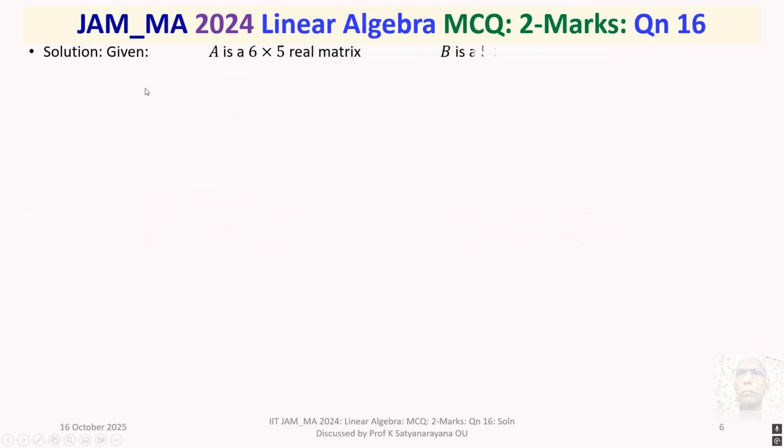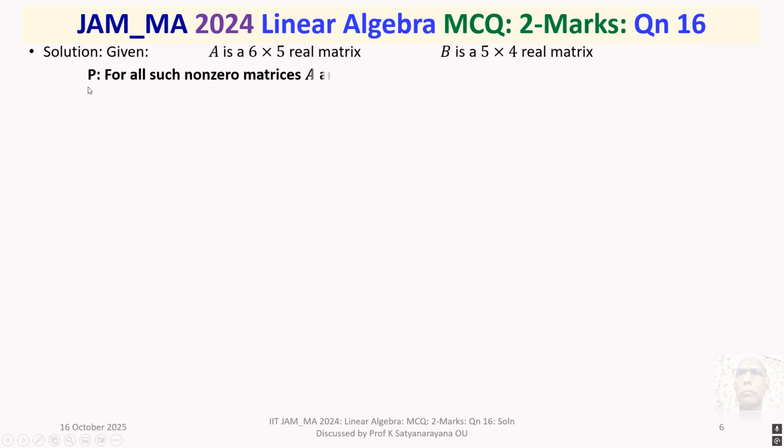Let's now discuss the solution of the problem in detail. We are given A is a 6 by 5 real matrix, and B is a 5 by 4 real matrix.